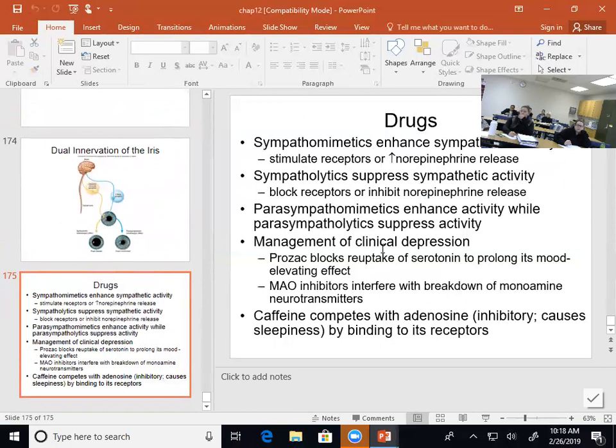But would it make sense to you if you looked up a drug on your patient and that drug said that it was a sympathomimetic, that it would mimic what the sympathetic nervous system would do? So what would you expect the vital signs in that patient to be doing?